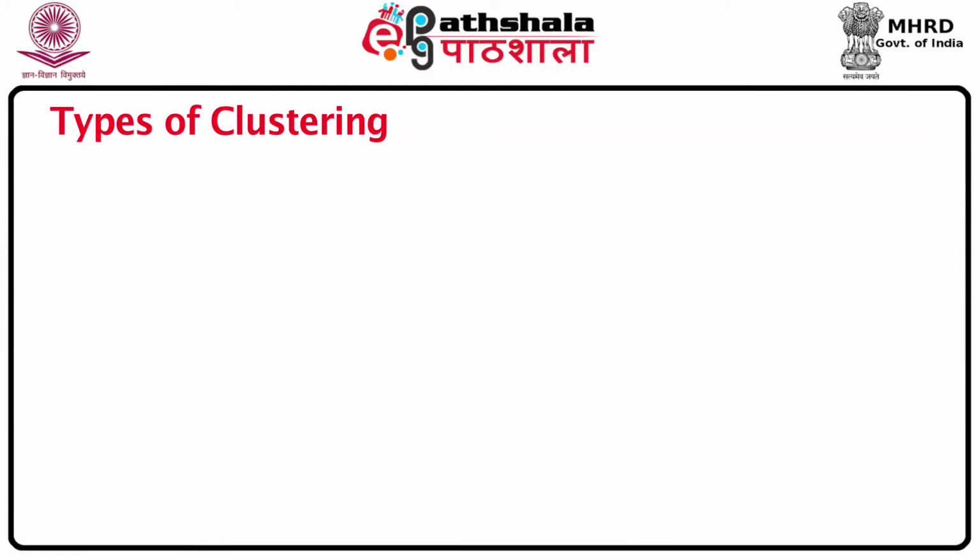There are primarily two major types of clustering that are used. The first of them is the hierarchical clustering, where the clusters are formed as a tree. It's very widely used in biological sciences, primarily in taxonomy.